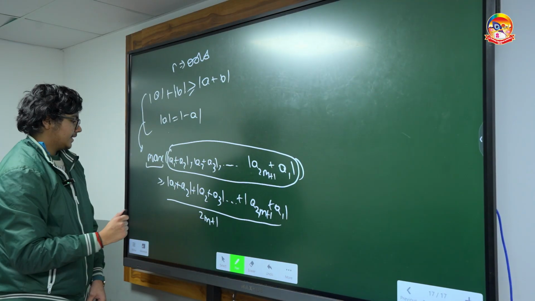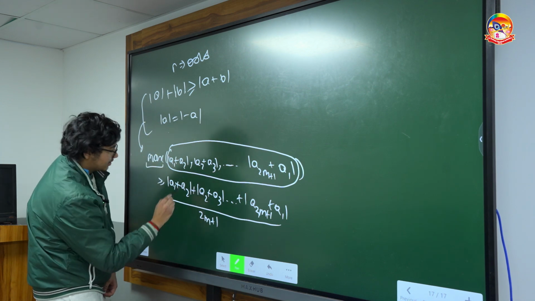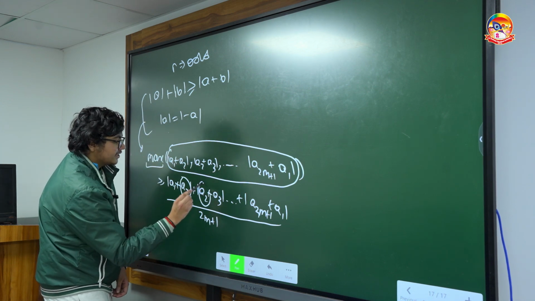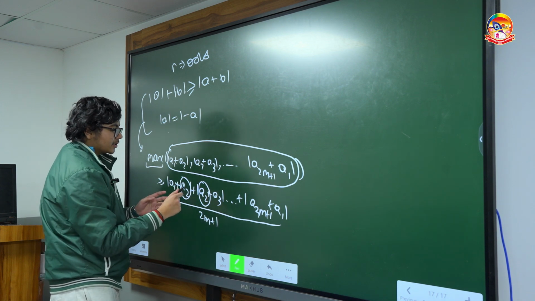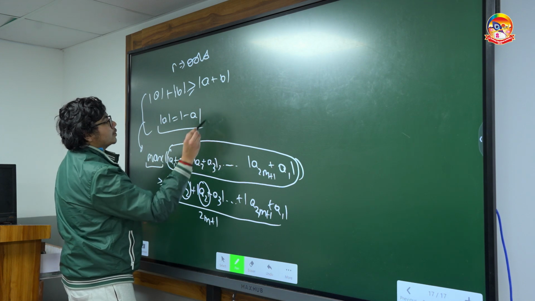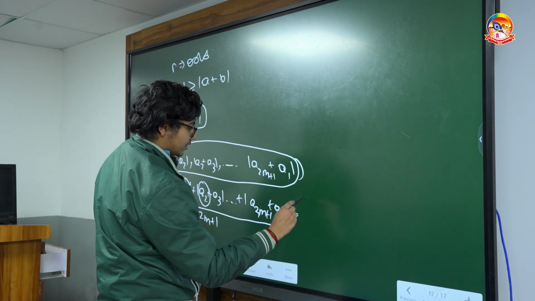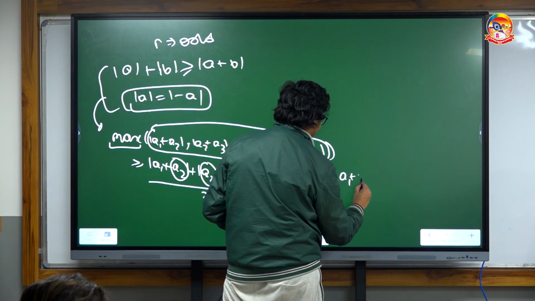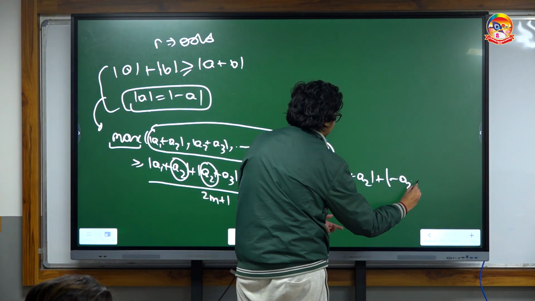Now let us see that some terms cancel out. See A2, A2. It feels like we can cancel out A2 by putting one negative, one positive. And we can do this by this property. So this will be equal to mod A1 plus A2, and let us put the next one negative, minus A2 minus A3.